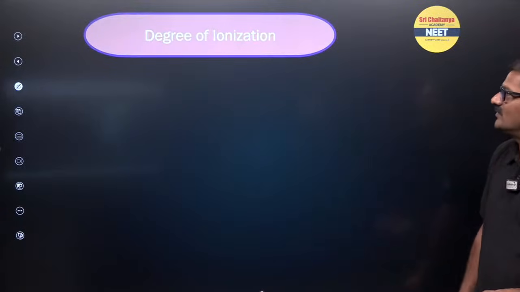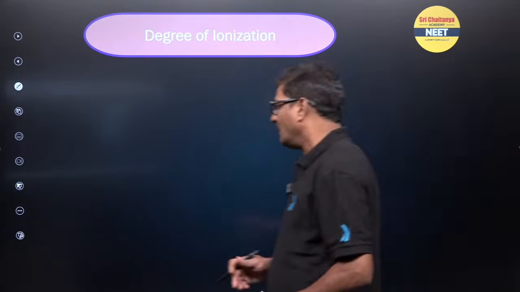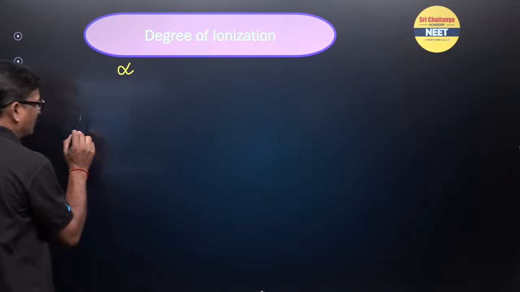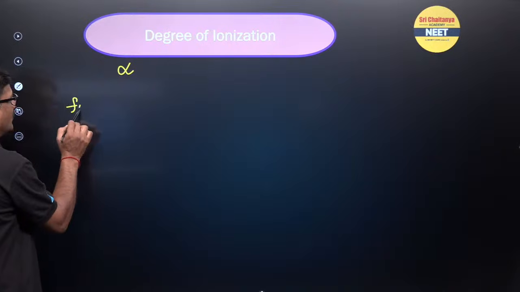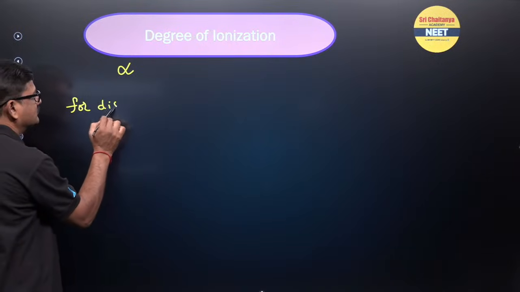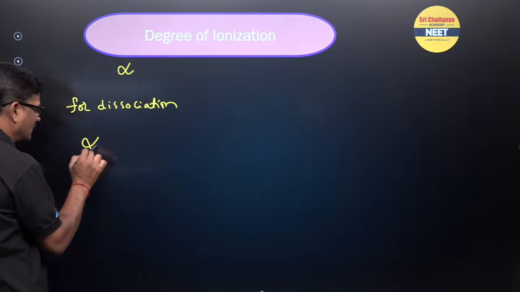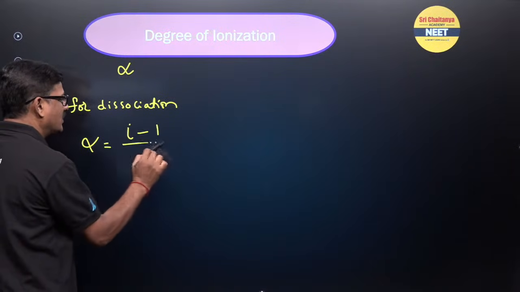And moving on to the degree of ionization, alpha is the degree of ionization for dissociation. Alpha is equal to (i minus 1) by (n minus 1).